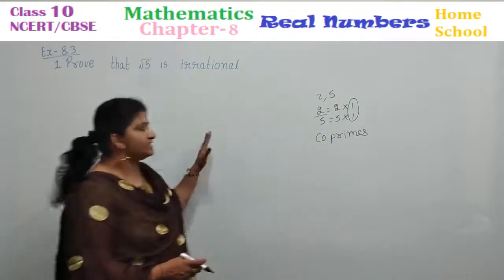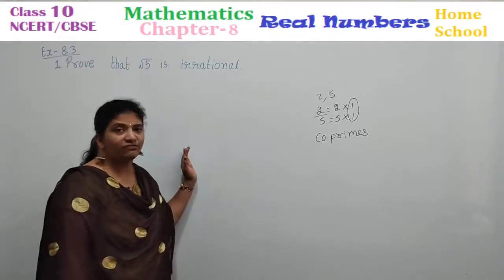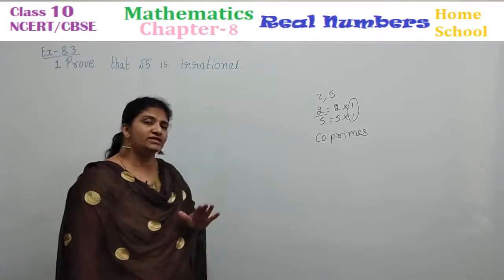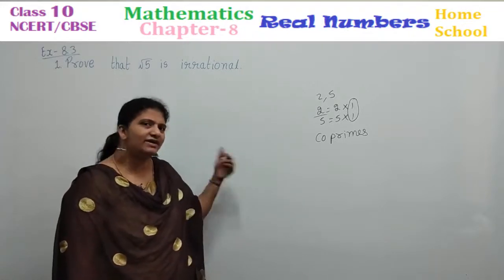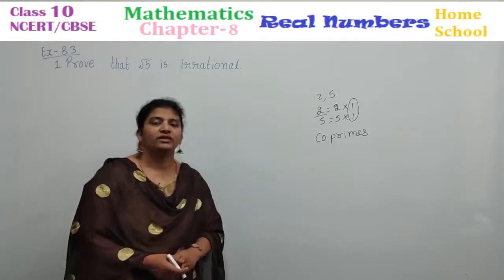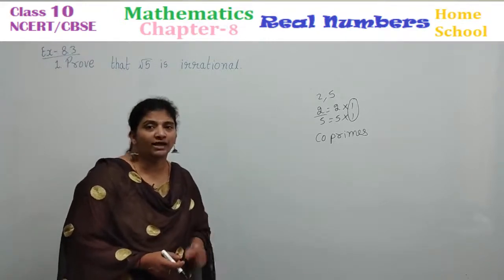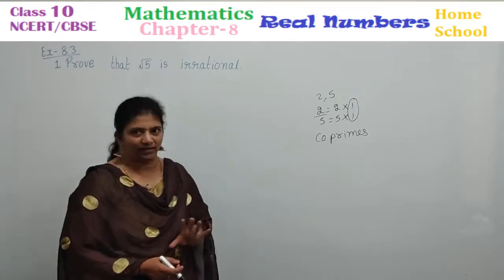Suppose let us assume this as a rational number and see if they have only 1 as a common factor; then we say that it is a rational number. Otherwise, it is an irrational number. What are co-primes? The numbers which do not have any common factor other than 1.